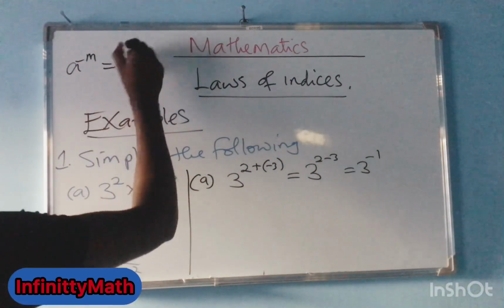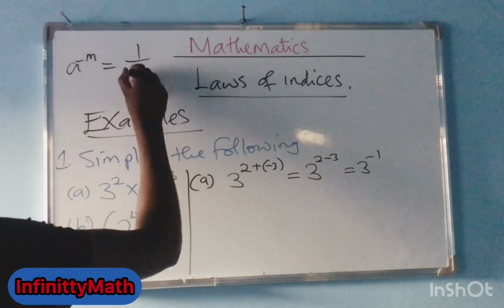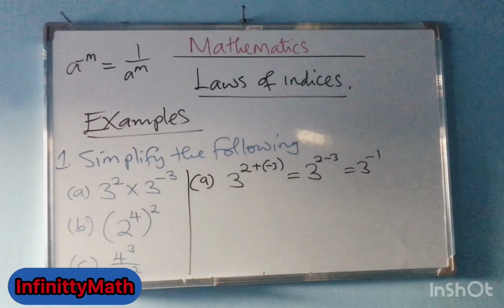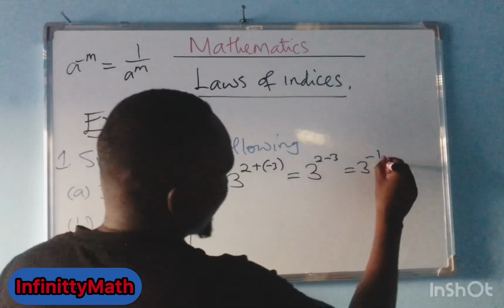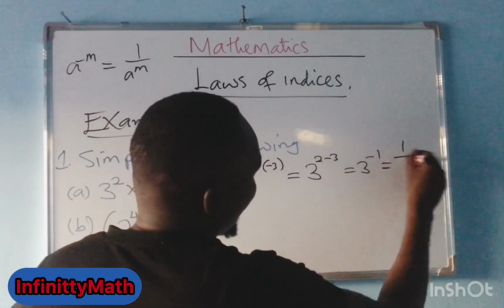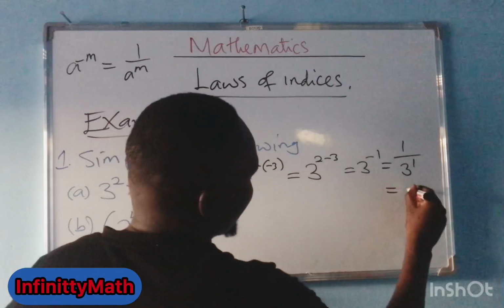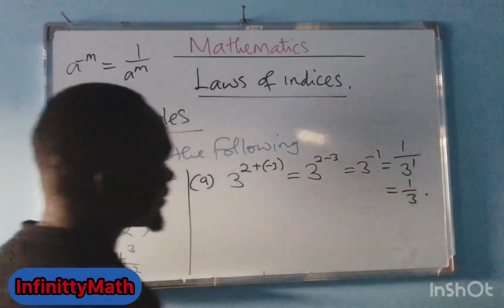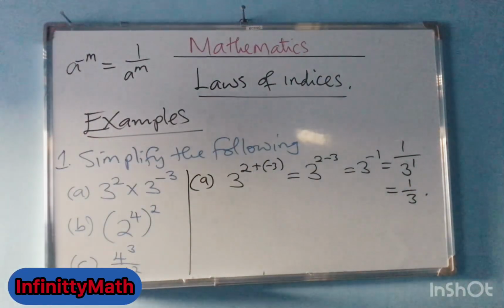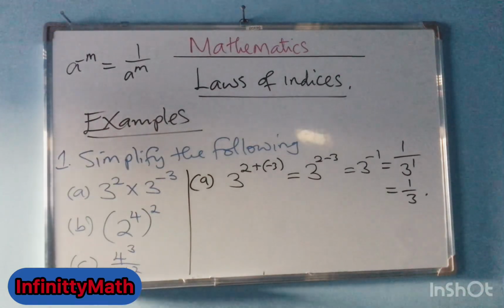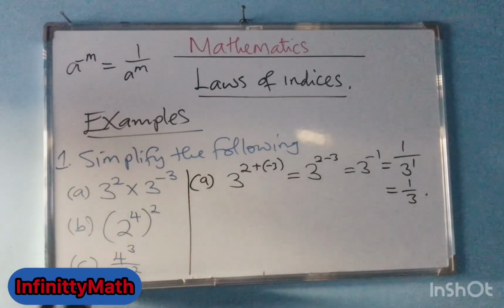We said in this case you write it under a 1 and the negative exponent becomes positive automatically. So we can do the same here. We are going to say 1 over 3 raised to the power of 1, and this will just give us 1 over 3 as the answer. You can see that it was easy for us to solve without much struggle because we know the laws of indices that we need to follow.